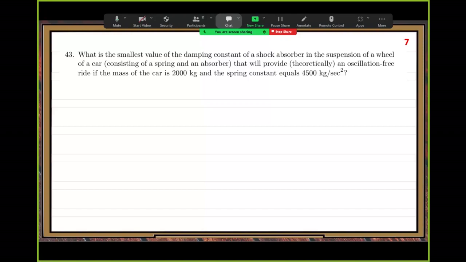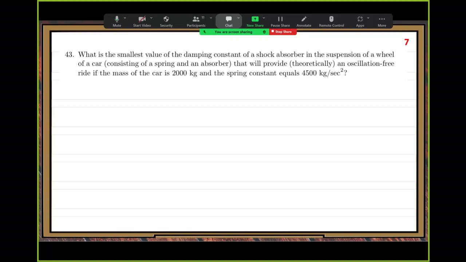Above the critical line, over-damped, the solution is an exponential function, so you don't have oscillation. Based on that understanding, you can calculate.